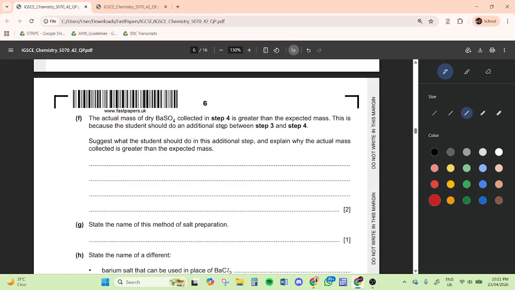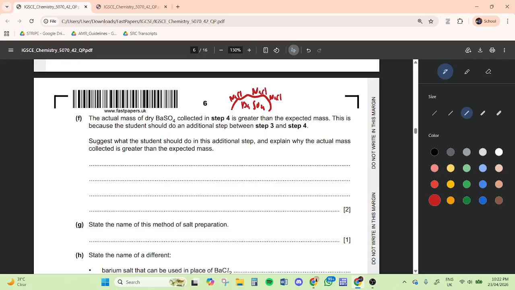So what could happen is you might have some additional NaCl within the barium sulfate. So let's say this is your barium sulfate, BaSO4 over here. You could have small bits of NaCl stuck to this barium sulfate.